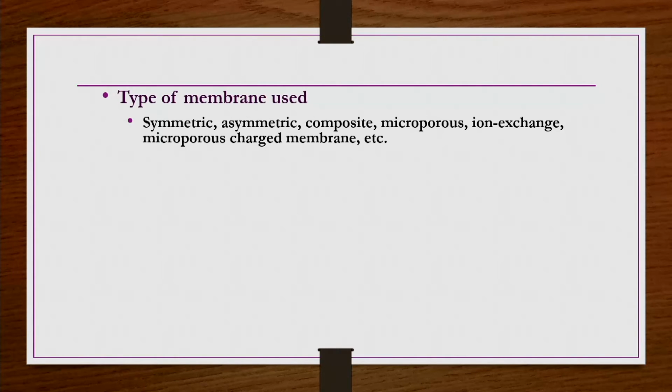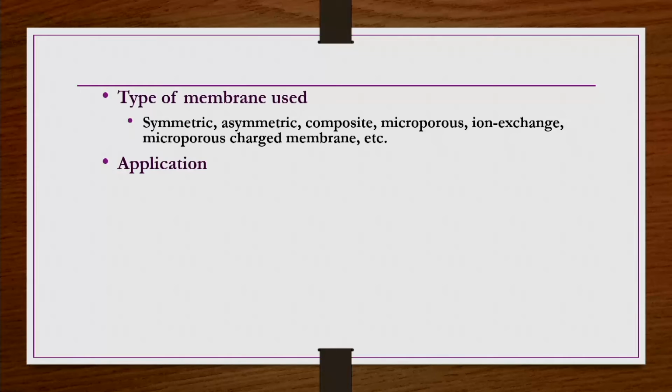So what type of membrane we are using plays a significant role in the membrane separation process. So the selection of membrane is very essential. Then, sometimes, depending on the application, you have to select appropriate membranes for proper performance. So the application is also going to have an effect for a given membrane separation process.